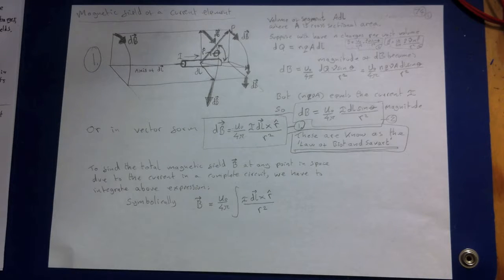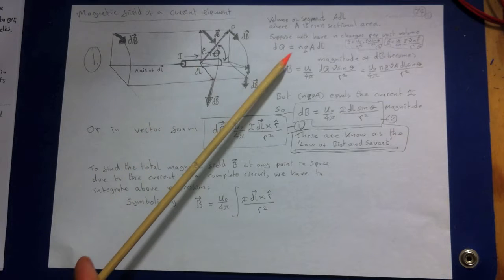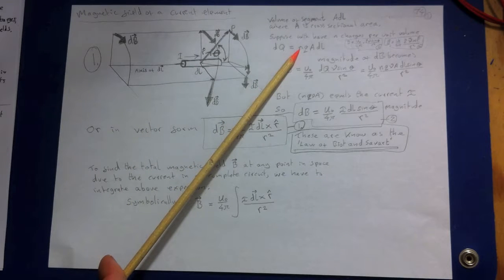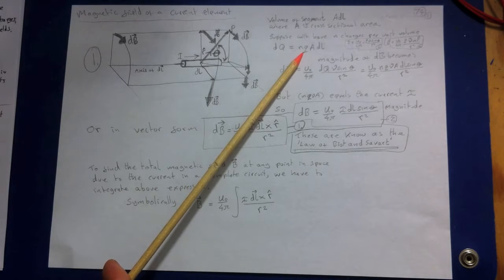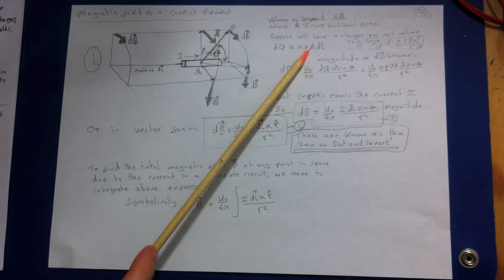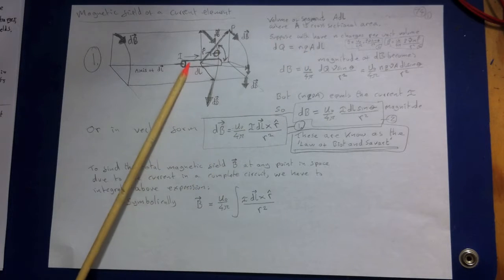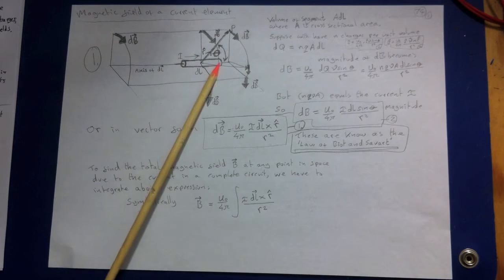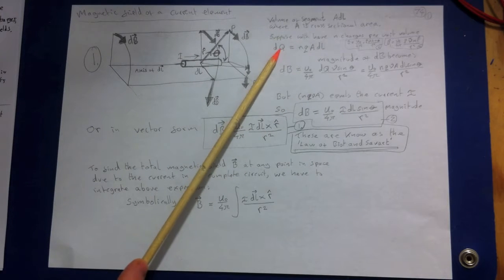So you can see that that will give a total charge in this segment, because n is the number of charge carriers per unit volume, and each material has its own value of charge density. q is the charge, A is the area of this element here, and dl is the length, so that will give us the total charge.